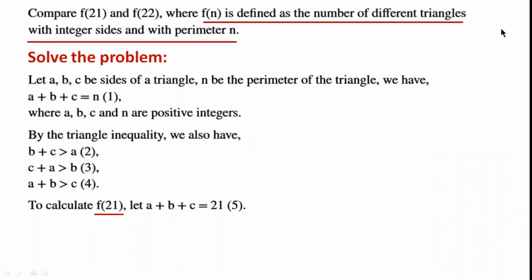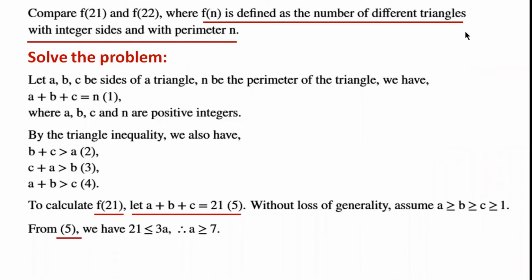To work out f(21), let a + b + c = 21. Without loss of generality, assume a ≥ b ≥ c ≥ 1.